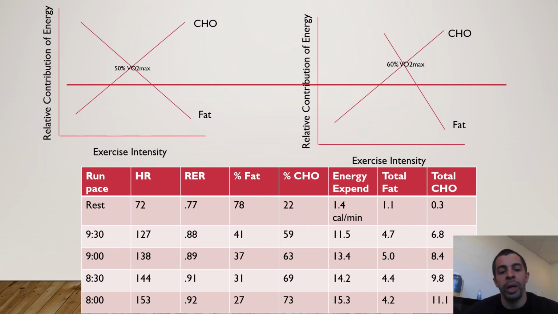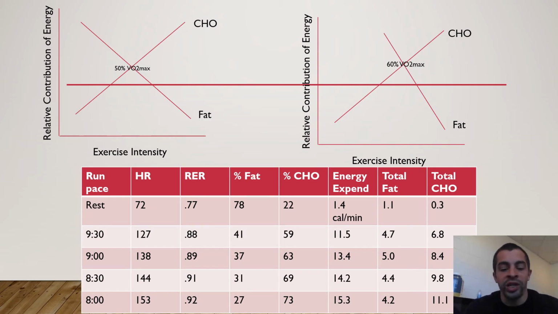So this chart on the bottom is an example of a case study of a marathon runner, and they hooked him up to a metabolic cart. At rest, that first row, he was contributing 78% fat for energy and 22% carbs.